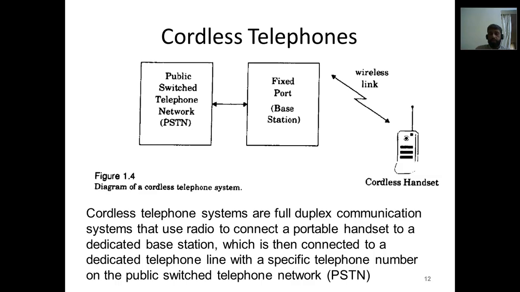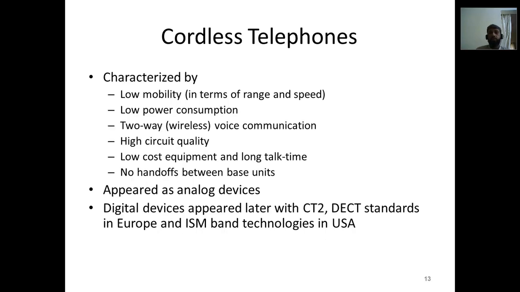Typically, this cordless phone is characterized by low mobility, because the cordless phone is generally intended for in-home mobility, or mobility in a relatively small area, because of the low transmitted power of the base station. So basically it is characterized by very low power consumption.